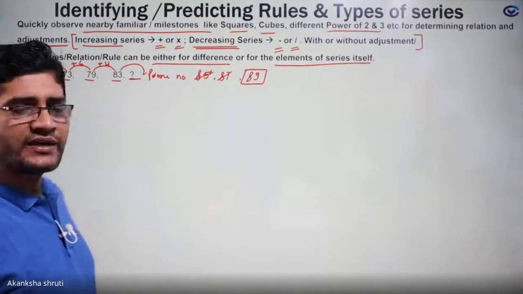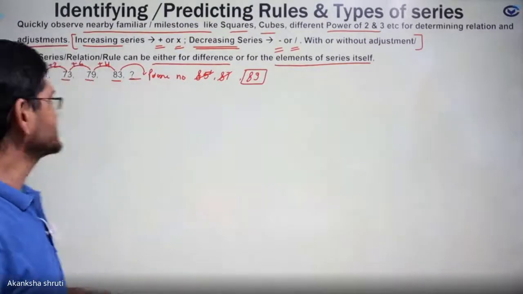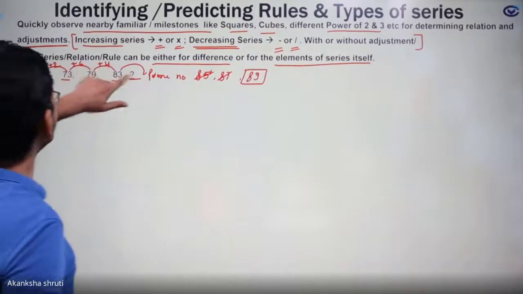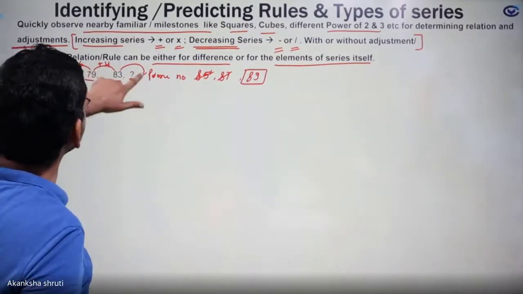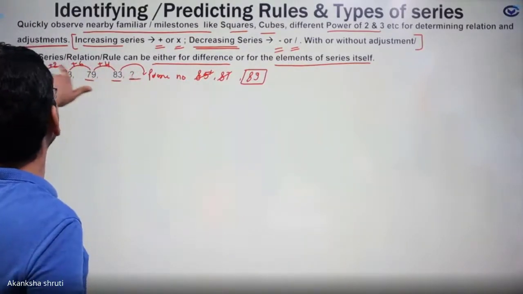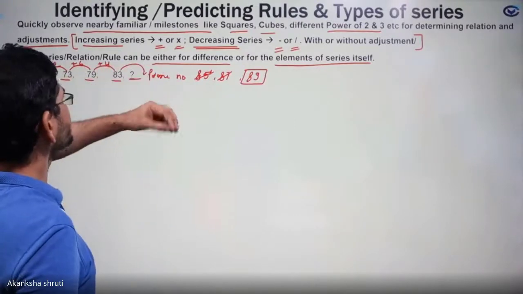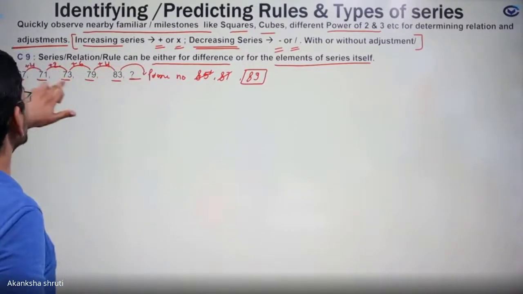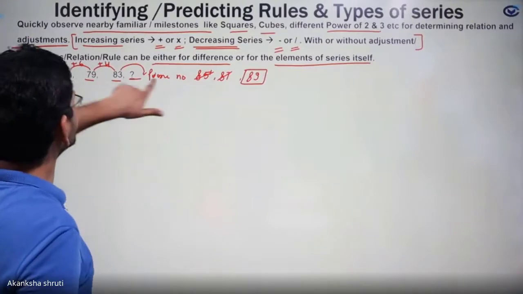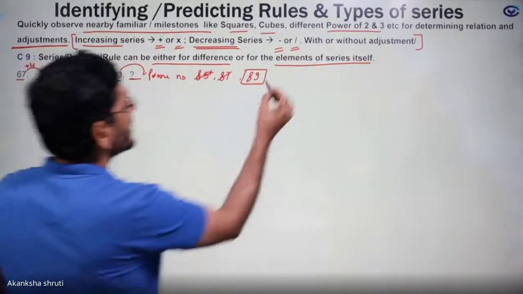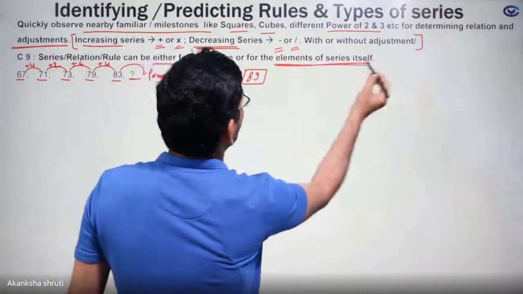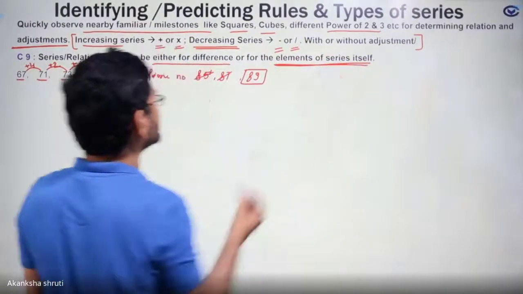So this way you have to start with very basic things. This difference has given us the idea that the next number cannot be obtained just by adding something, but we shall search among the numbers. Here it was the direct relation among the elements or terms of the series itself.